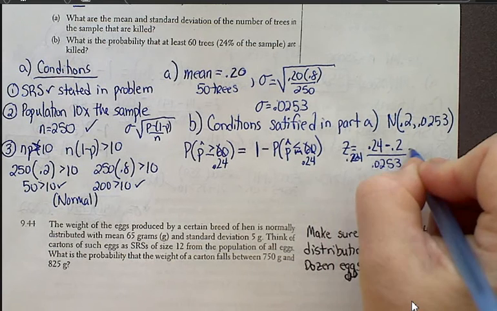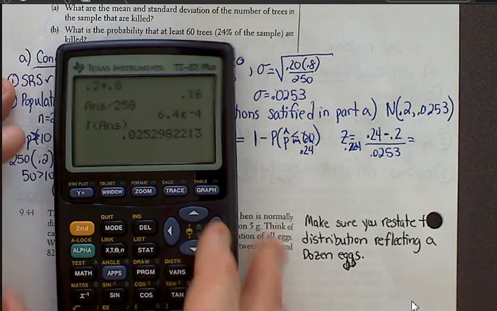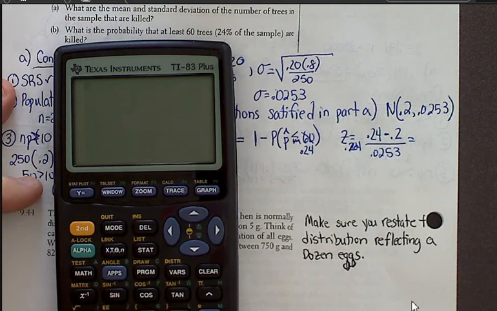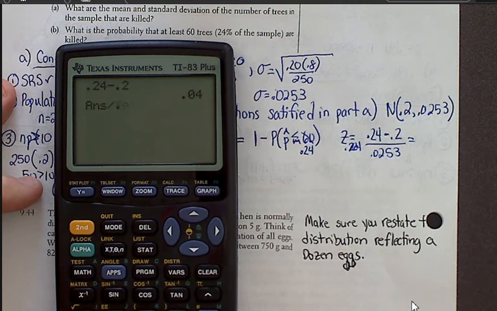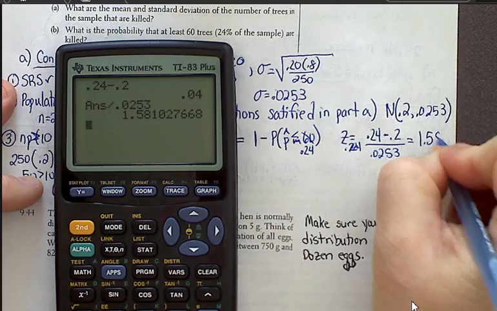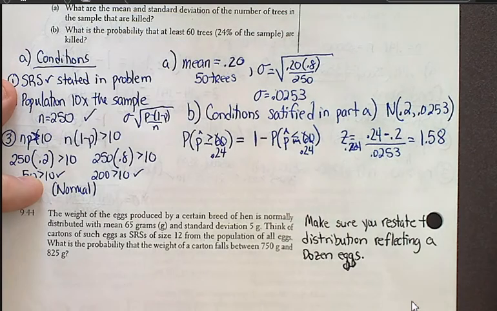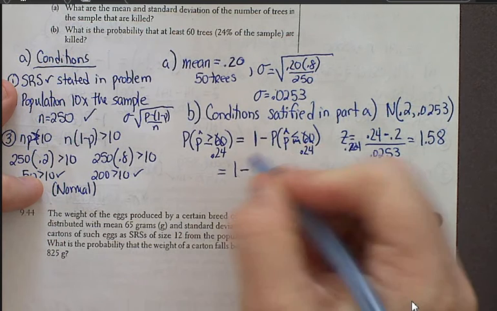On the calculator, 0.24 minus 0.2 gives me 0.04. I'm going to divide that by 0.0253, and we're going to get 1.58 as a z-score.